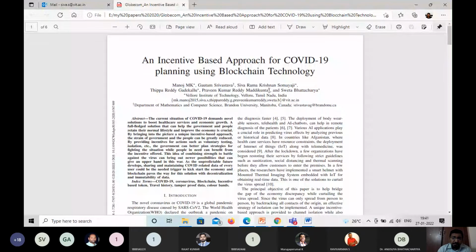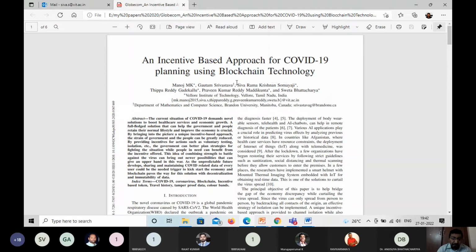So the thing which you need to highlight is what is trending right now in the field. Maybe when we wrote this particular paper, it was almost the beginning of 2020. So at that time we had COVID, and also I was working on blockchain technology.